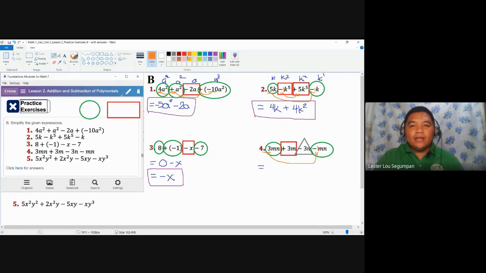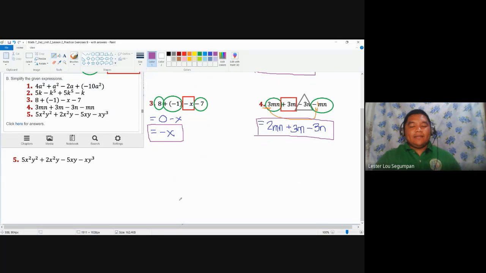So 3 minus 1 stands for 2mn. And then since the second term cannot be combined to the other terms, even to the third, they stay as 3m, and the third will also stay as 3n. Again, we cannot combine them because this has mn, this has m, and this also n. So this is our final result.